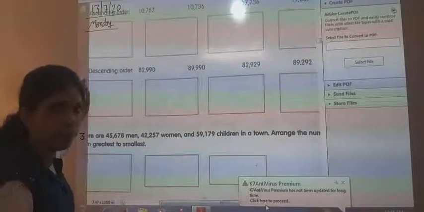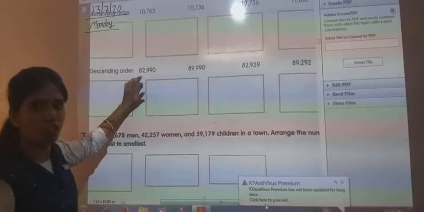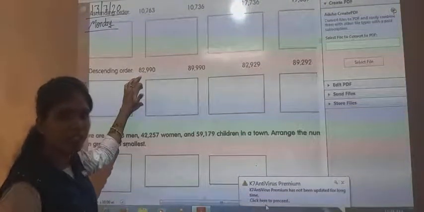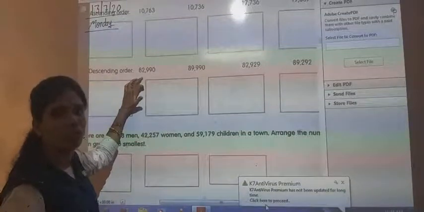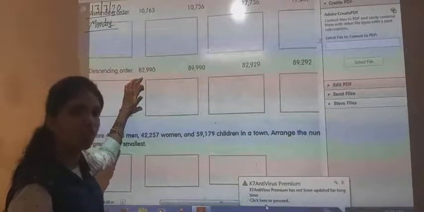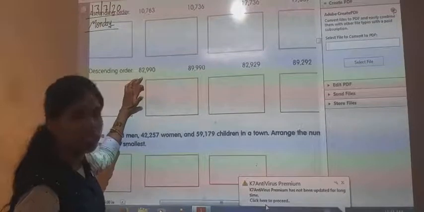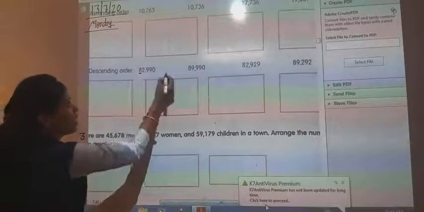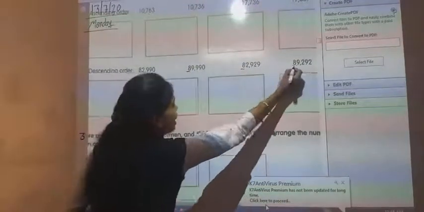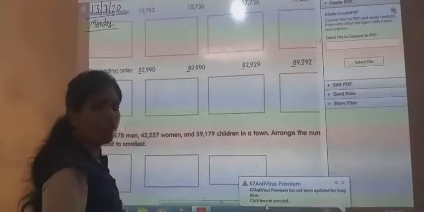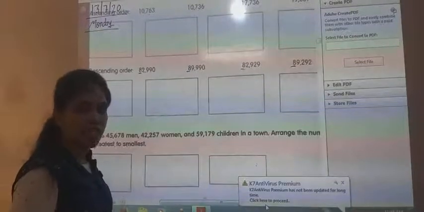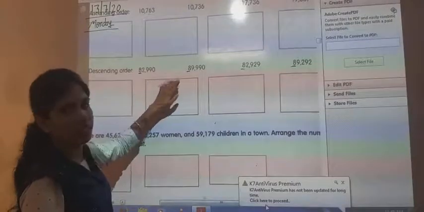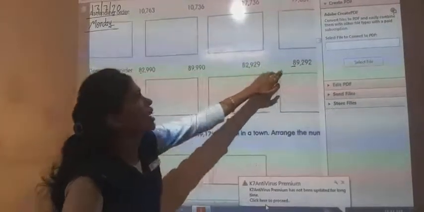So compare. Now I told you before also, from which place will we start? Yes, right. We will start from the largest place. Now the largest place is 10,000. We have 8 in the 10,000 place in all numbers, so all numbers are equal. So we will compare the next place.